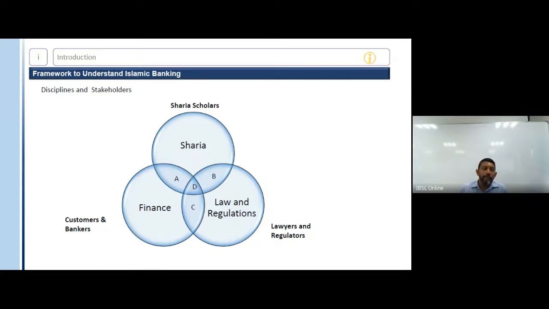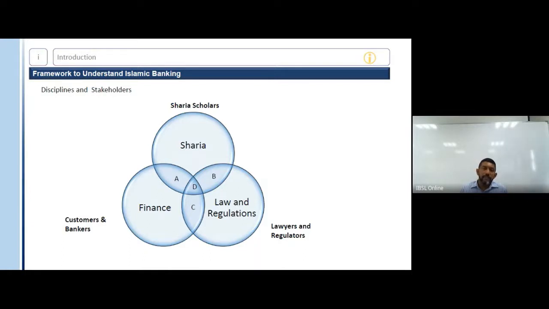That's number one. Number two, that statement also looks at only the demand side. But if you look at the supply side, Islamic banking is not offered only by entities owned by Muslims. It is offered by major international banks all over the world.